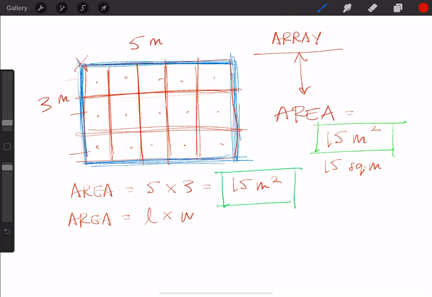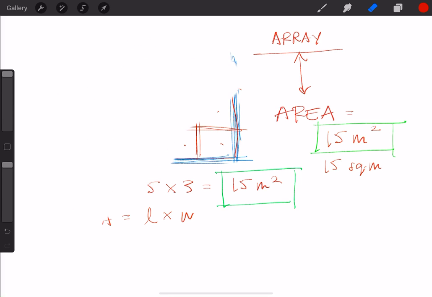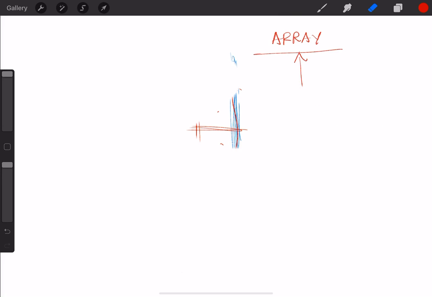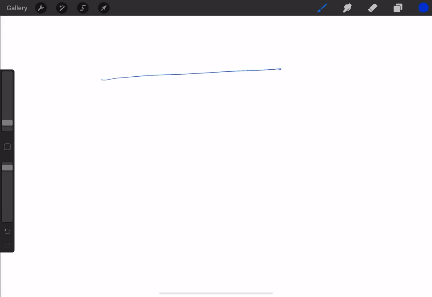So if I had, let's say, our rectangle here was a much bigger rectangle, there's no way I would want to label all the individual units inside of it. So if I had something like, you know what, let's switch it around a little bit.